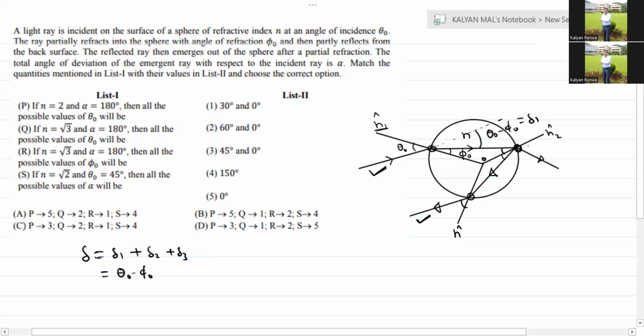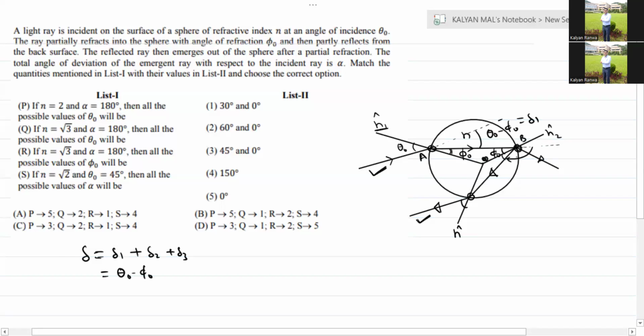So del 1 is theta naught minus phi naught. In the second case, the ray was going in this direction and is deviated by this angle. Here this angle is phi naught, and the normals dropped from the center have equal length, so triangle AOB becomes an isosceles triangle. So this angle is also phi naught.